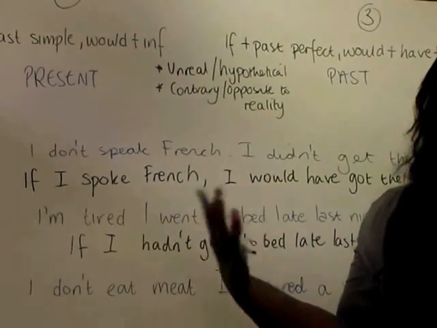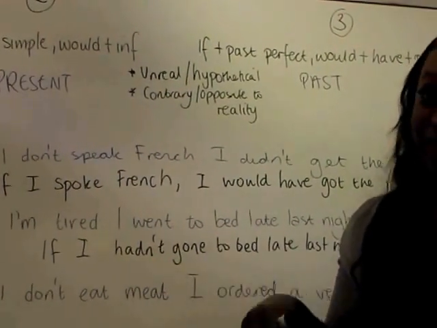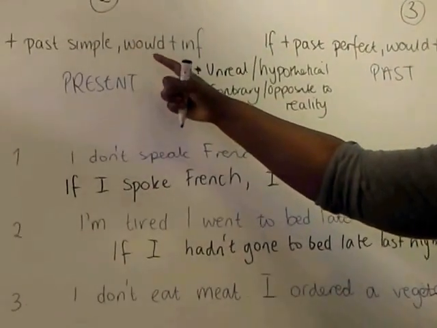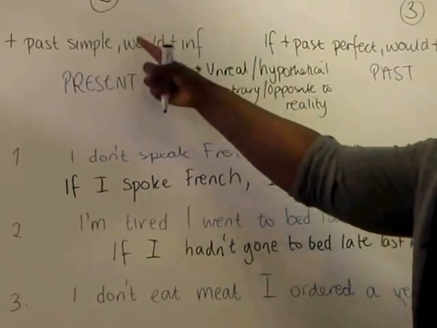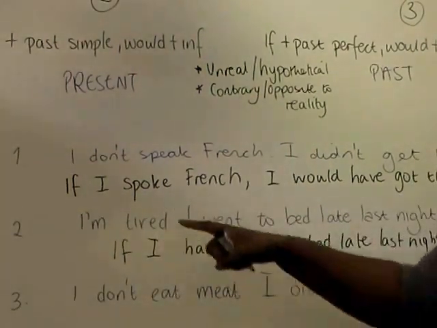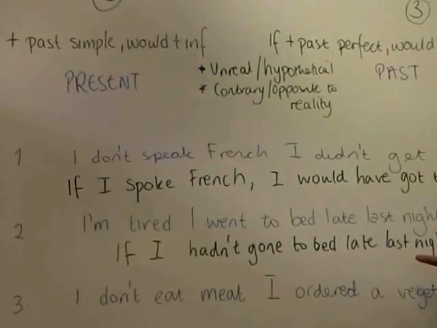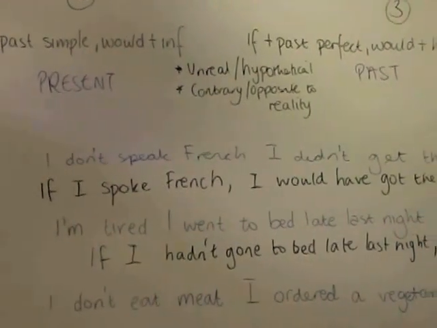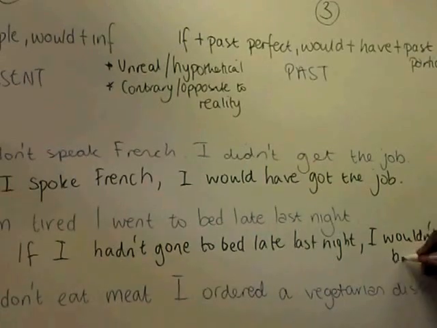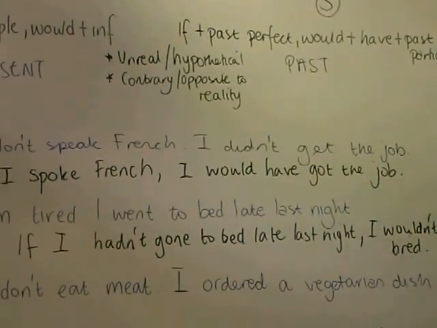I'm tired. When? Now. Present. So I look at my second conditional for the resultant clause. It's positive here. My conditional has to be negative. If I hadn't gone to bed late last night, I wouldn't be tired now.